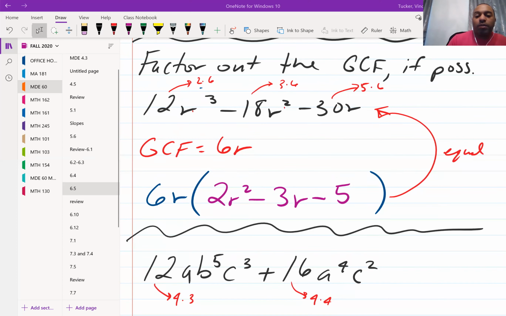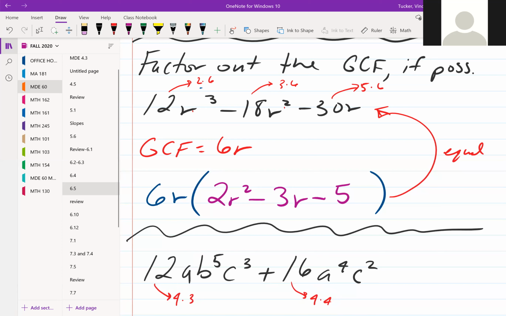All right, so as far as the numbers are concerned, we have 12 and 16. I gave you a little bit of a hint right here. 4 times 3 is 12, 4 times 4 is 16. So we know 4 is in common.